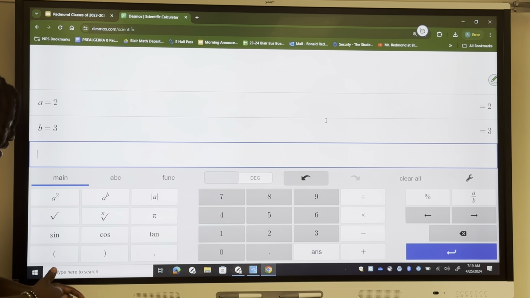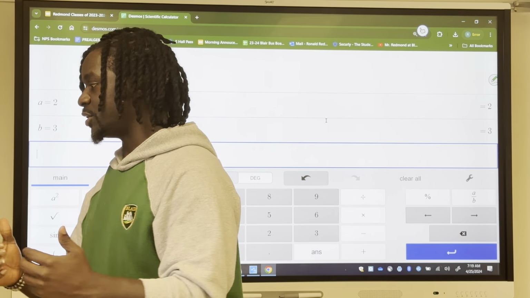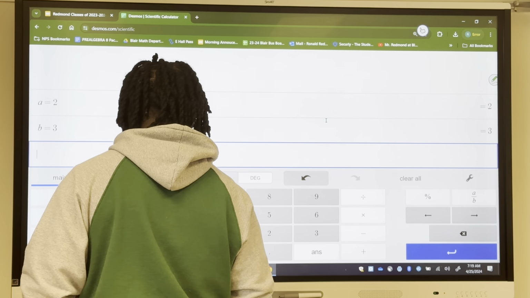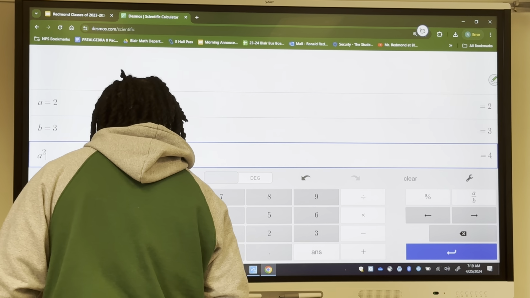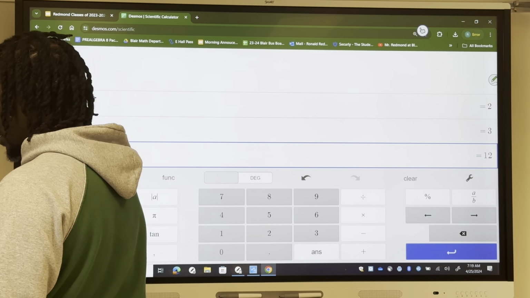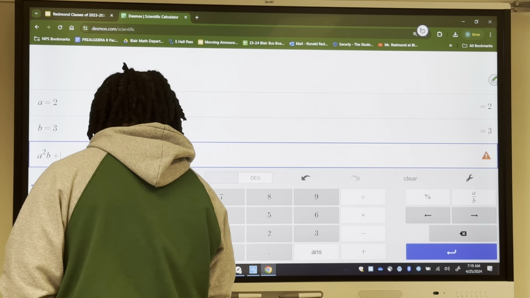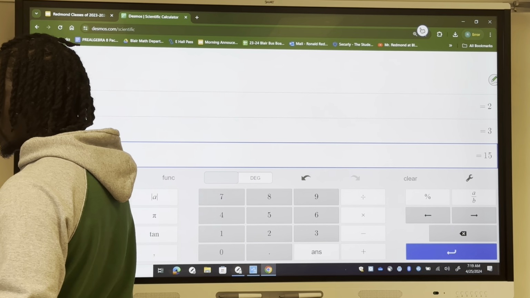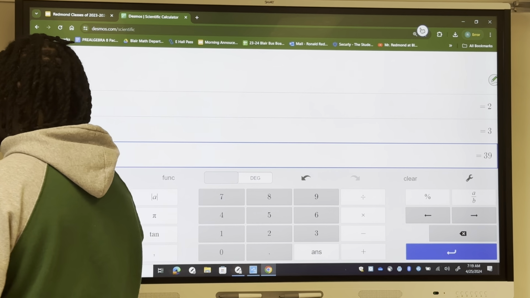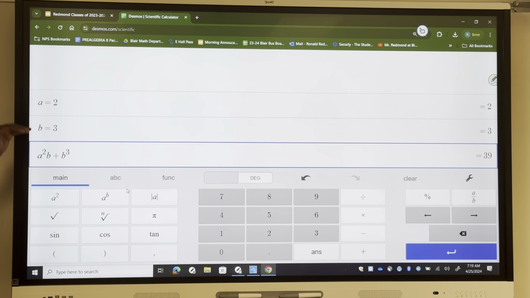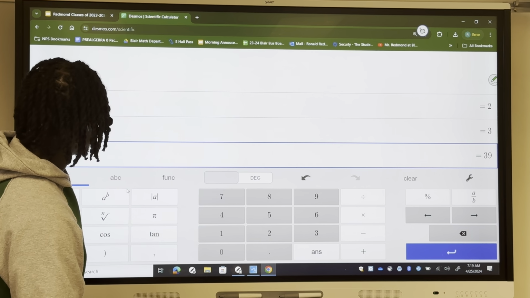And then I'm going to enter the expression itself. So it was A to the second power, then B plus, and I'm entering it just the way I see it on the paper. And when I do that, it gives me that it is 39.